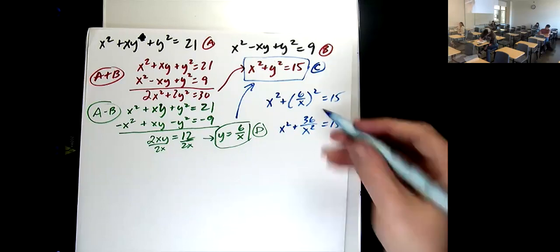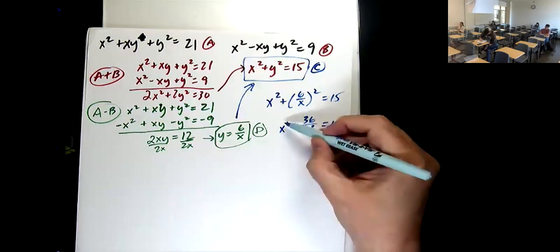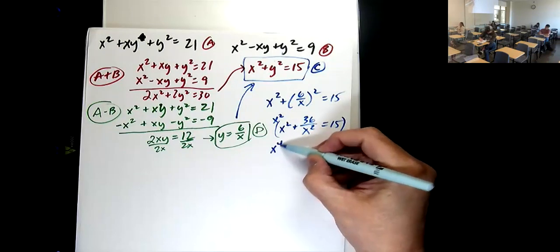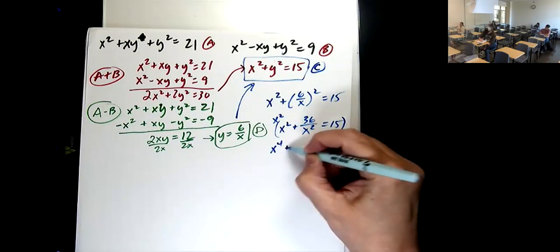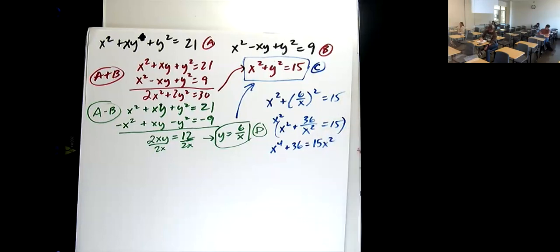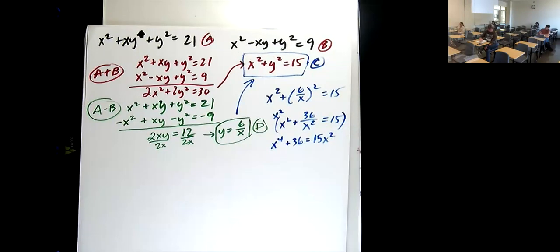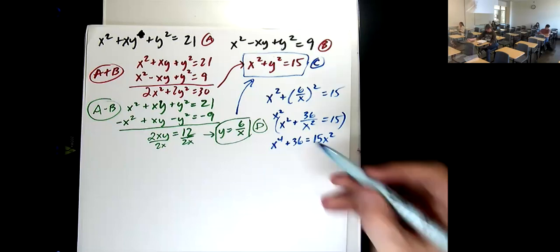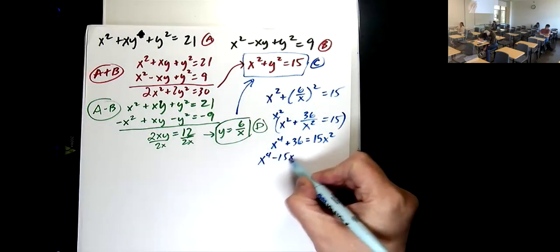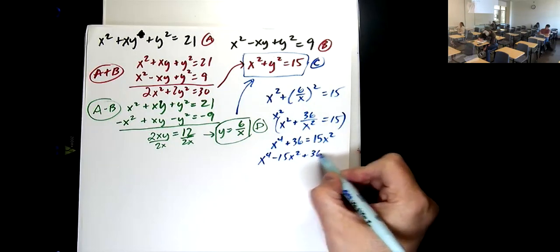If I clear the fractions by multiplying through by x squared, I get x to the 4th plus 36 equals 15x squared. Get them all on one side: x to the 4th minus 15x squared plus 36 equals 0.